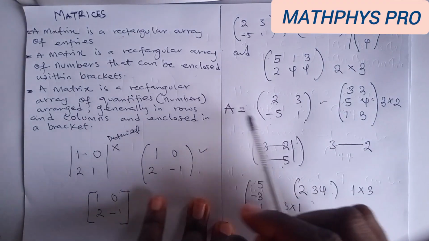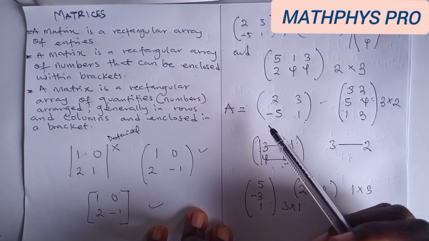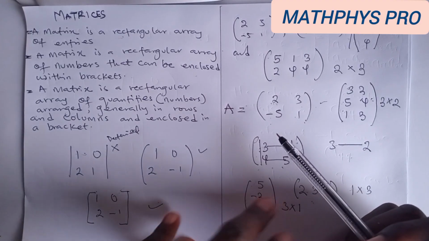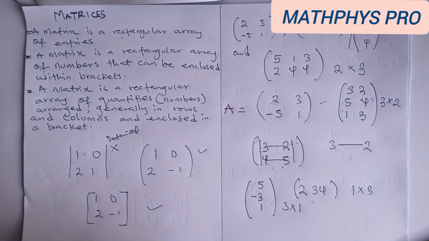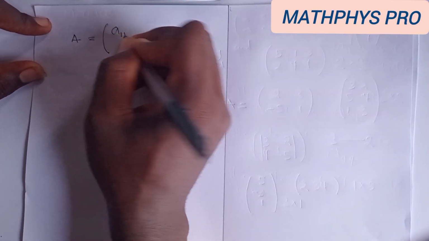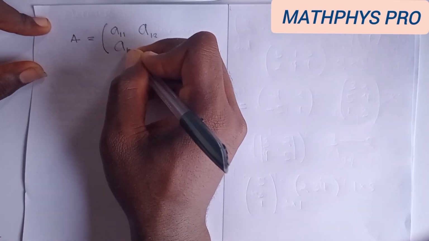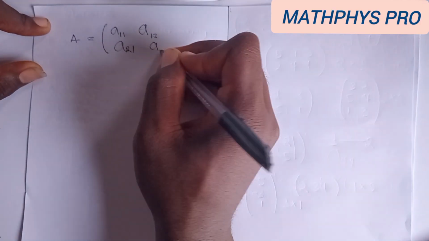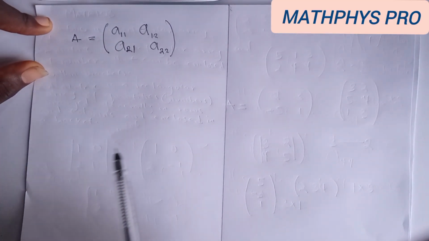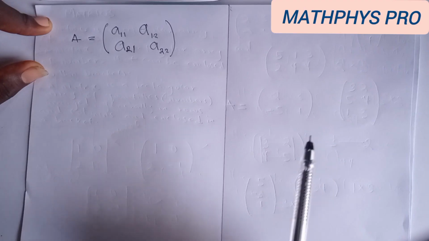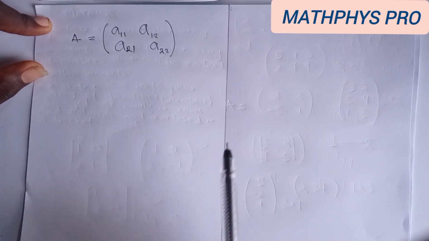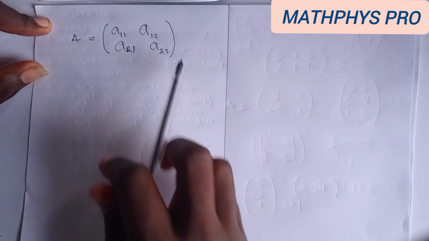A matrix will be denoted with a capital boldface letter, while the elements of the matrix are denoted by small letters with suffixes, which uniquely define the exact position of each element in the array: small letter a subscript 1 1, small letter a subscript 1 2, small letter a subscript 2 1, and small letter a subscript 2 2.